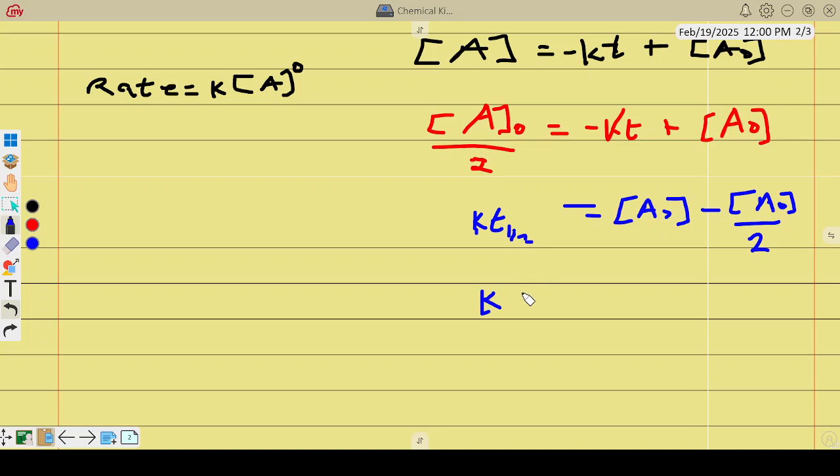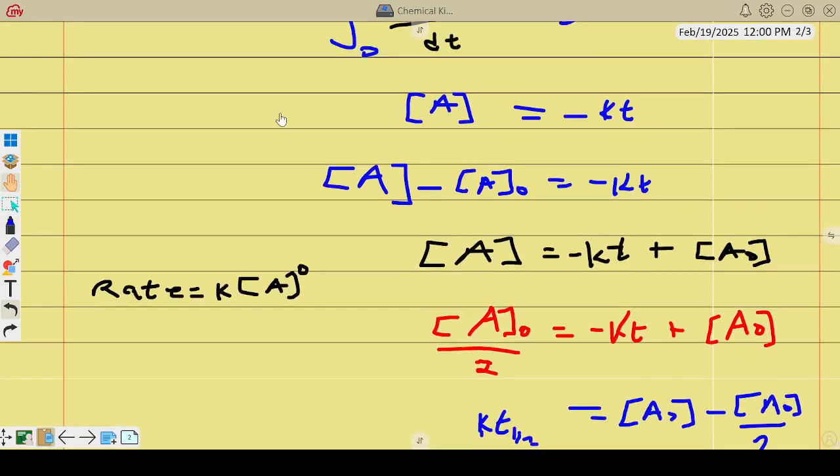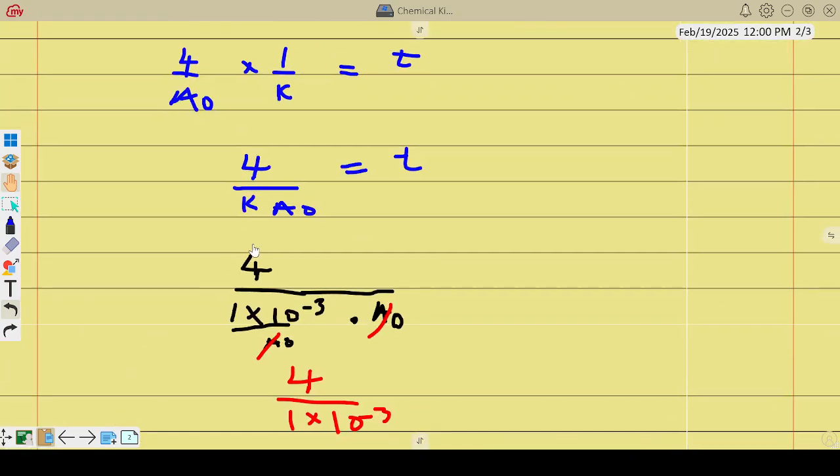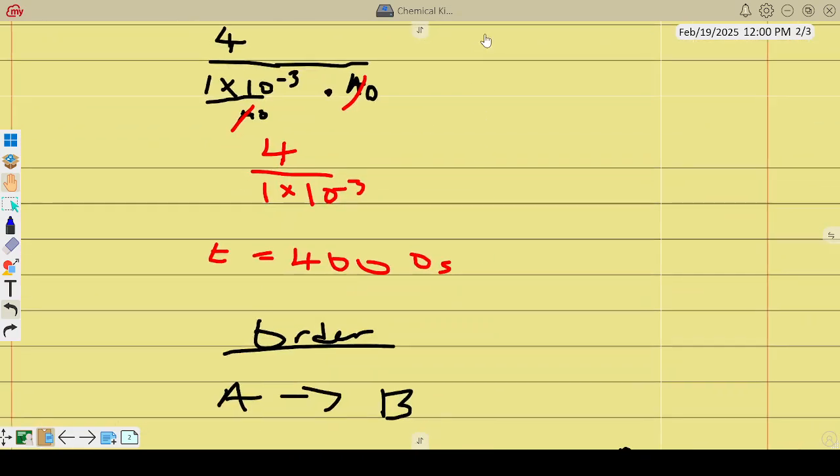So KT is equal to, when we make the subject of the formula, we're going to have common denominator 2 times A naught, it's 2 A naught minus A naught. Here we just divide this by that and then it remains the numerator.